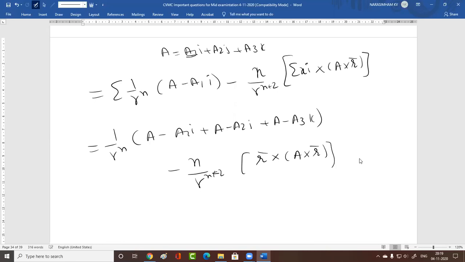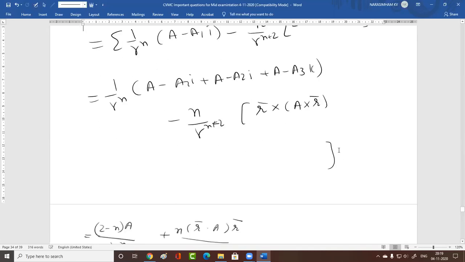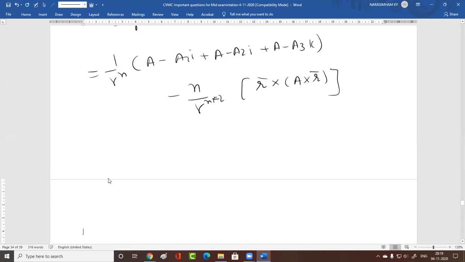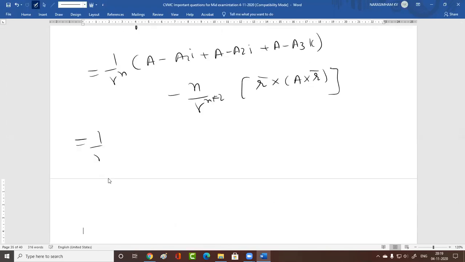Now if you observe, 1 by r power n into a1i minus a1i plus a2j plus a3k is also a, minus n by r power n plus 2 into a.